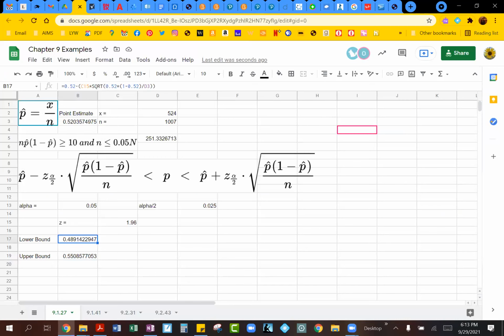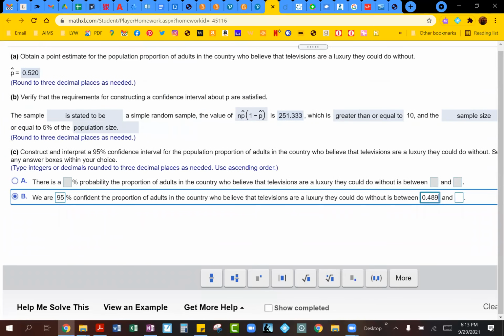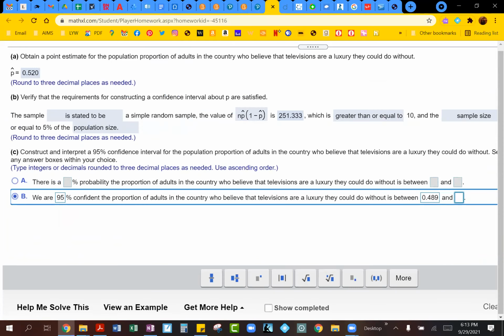So our lower bound is 0.489 for this guy here. And then for our upper bound, we have 0.551. So basically what we are saying is that we know 0.52 or 52% of the population is saying that they are okay with televisions being a luxury and them doing without it.